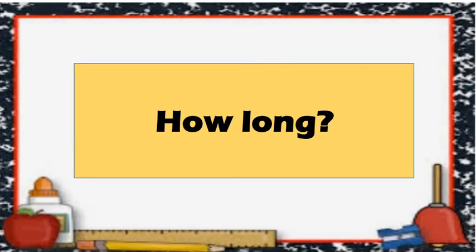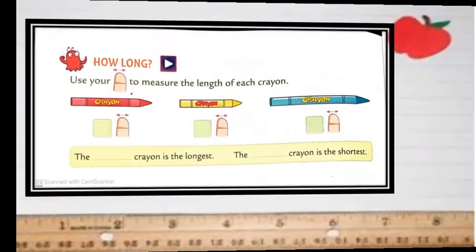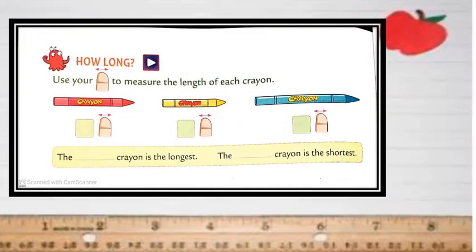How long is each object? Use your fingers to measure the length of each crayon. Here you can see three different size crayons. First we have a red crayon. I have measured it with the help of my finger.